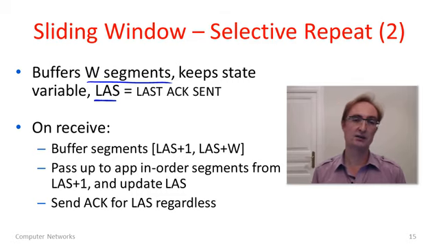If it's the old LAS, you're really making the channel a little more reliable by repeating the acknowledgement, so that the sender, even if it's lost some ACKs, since every ACK here is really telling you that you received all segments up to and including this segment, if we get any of them, we have some idea what's going on the other side. We don't have to get them all.